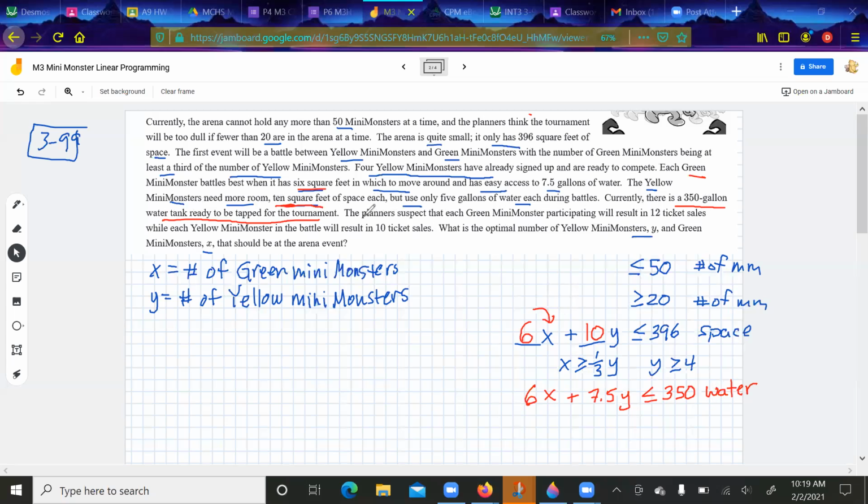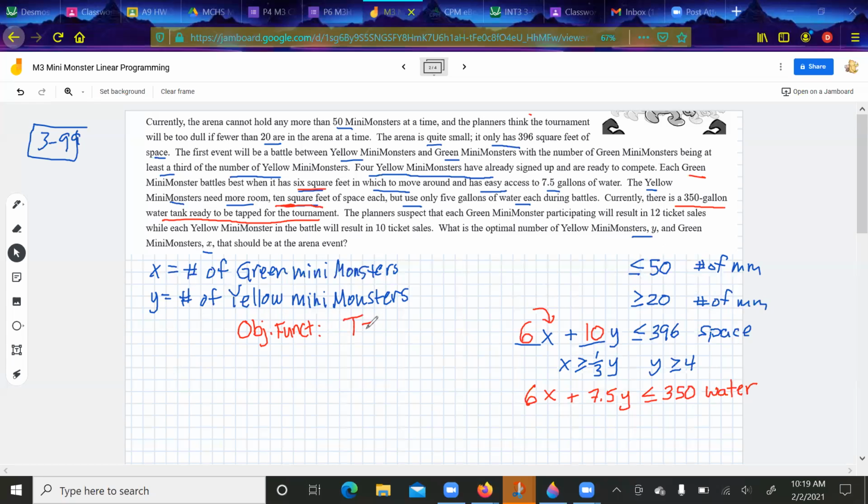Next question. The planners suspect that each green mini monster participating will result in 12 ticket sales, while each yellow monster will result in 10 ticket sales. So now we have ticket sales, and this has nothing to do with space or water or the number of mini monsters. That tells me this is going to be our objective function. We haven't come up with that yet. Usually I put P or C because it's profit or cost, but in this case it's number of tickets.